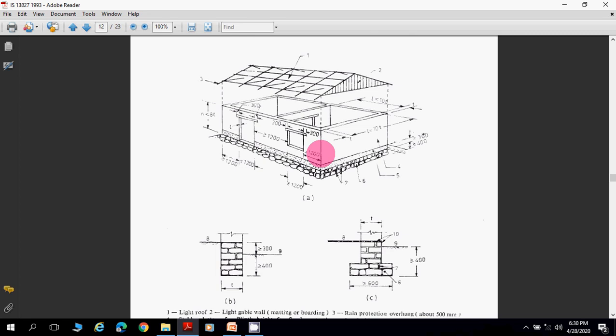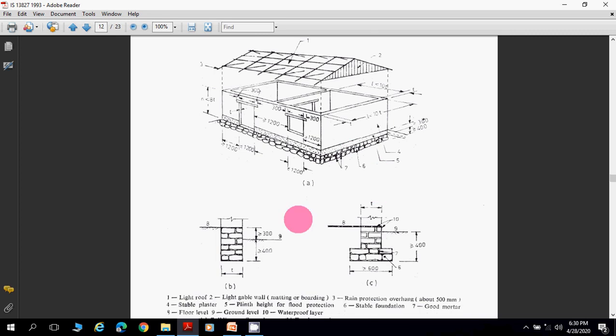In this pictorial view you can see the different components of earthen buildings. Here, this is a light roof, this has an overhang which is point number 3, this has a gable wall which is point number 2, and number 4 is a good plaster to be applied here. Number 7 is the mortar placed between the stone masonry work.